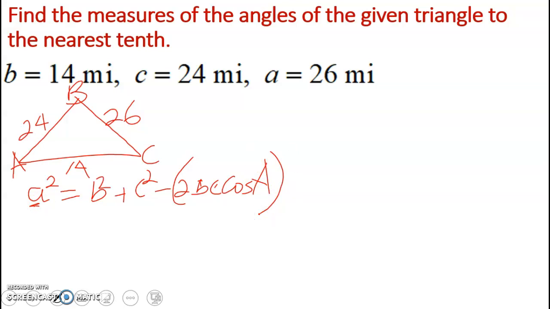So we know all the sides. Side A is 26, so it's 26 squared. Side B is 14, so 14 squared. Side C is 24, it's 24 squared.